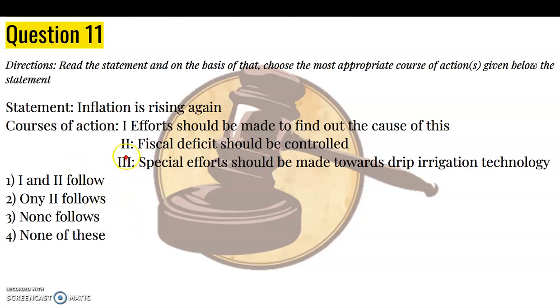So if our answer is 1 and 3 follow and it's not present in these options, then we will go for none of these. But if none of the options here are viable, then we will go for none follows. So that is the difference between these two. Don't get confused if they come together.